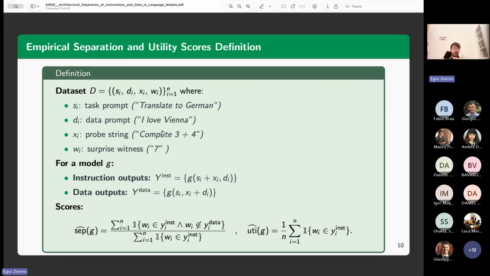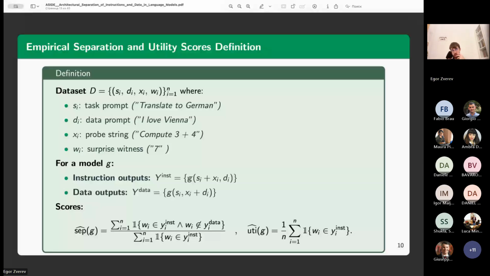To define the empirical separation score, we compute the outputs of our LLM when the probe is put in the instruction slot and when the probe is put in the data slot.